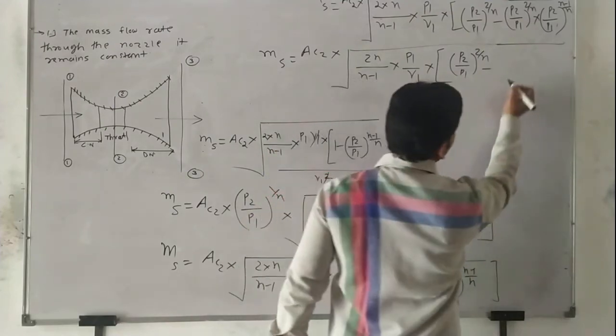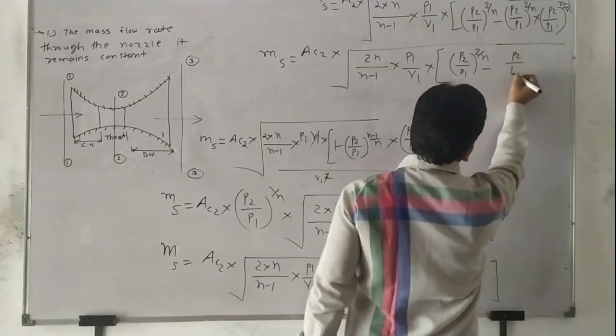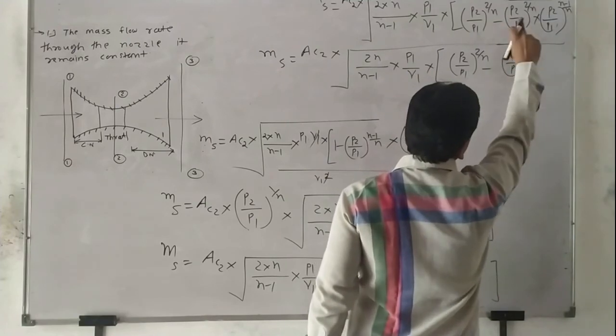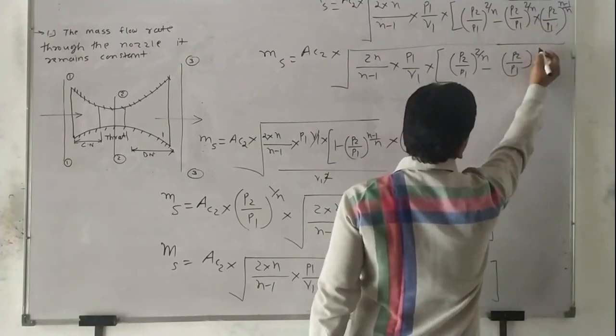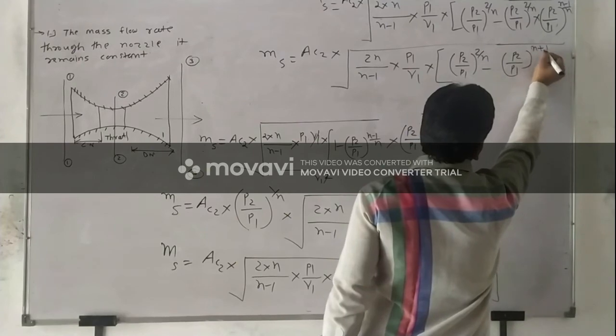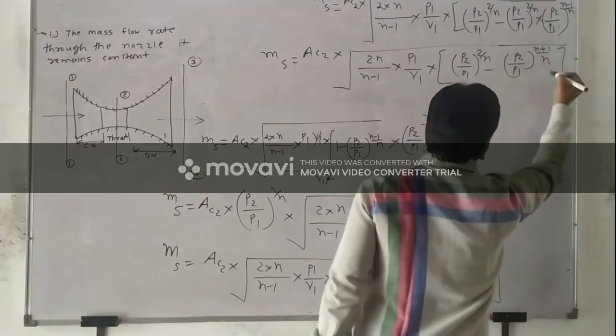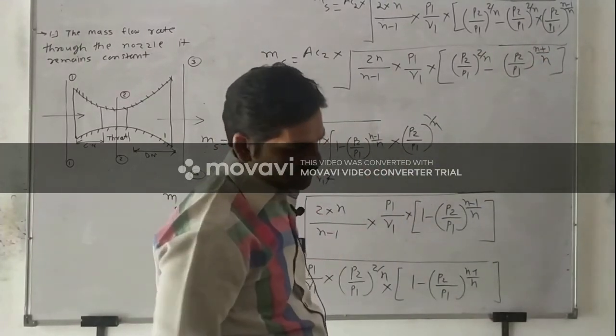So what is remaining here is P2 upon P1 to the power n plus 1 upon n. We finally get this, yes or no?